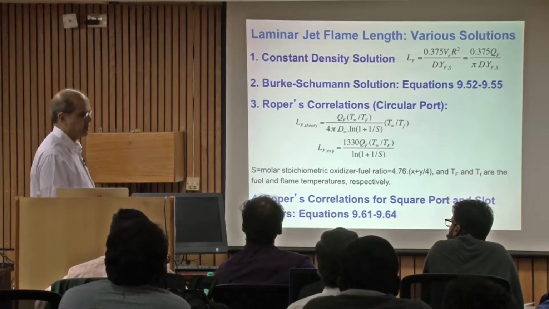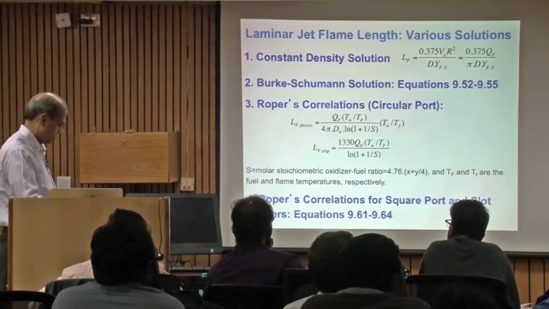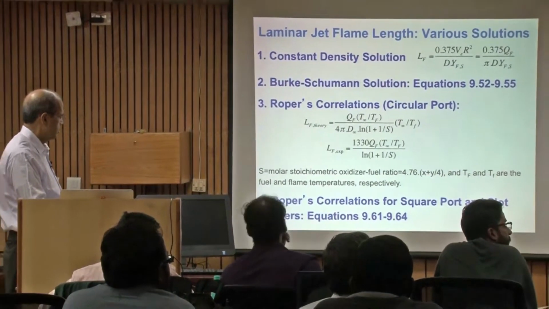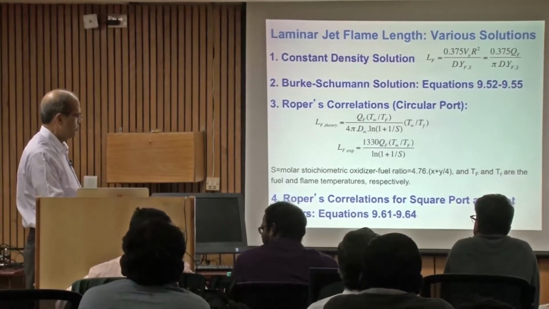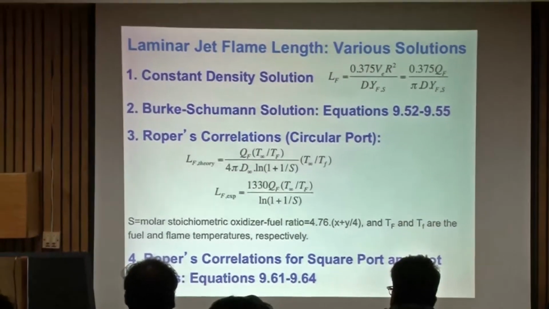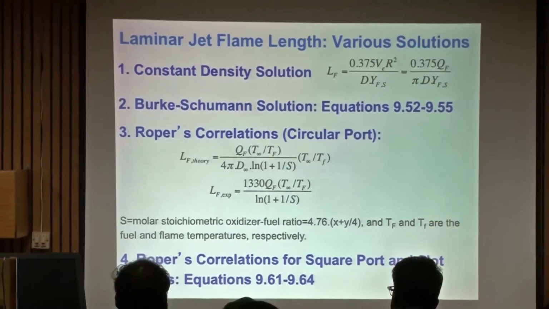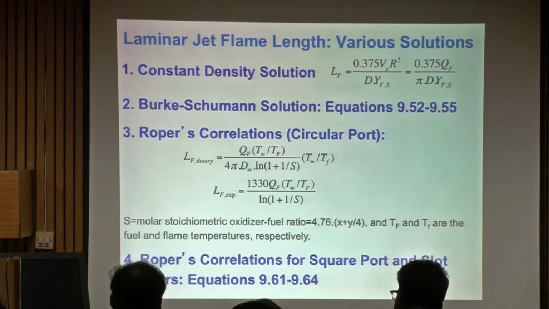Yes, it was done for the circular port. So we will have more material to discuss the effect of S. First, now we will discuss this correlation for square port and slot burners, so square ports and rectangular ports.